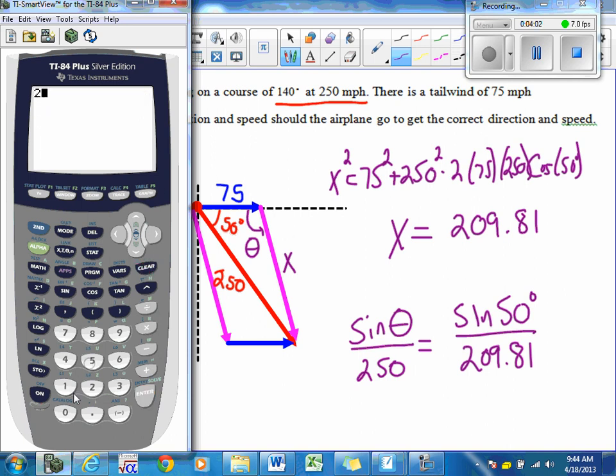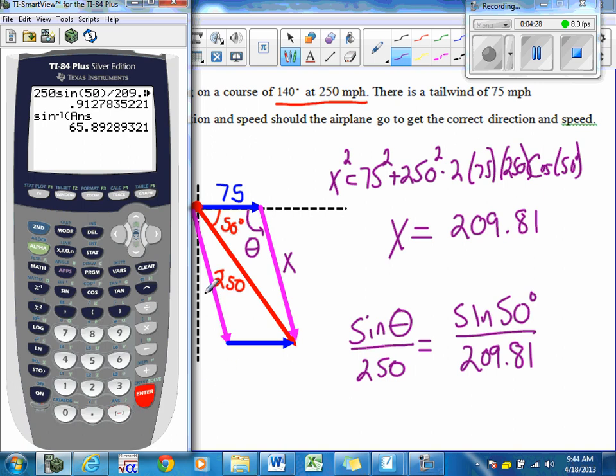We have 250 sine of 50 divided by 209.81. Forgot the division there. Then I do inverse sine, and I get 65.